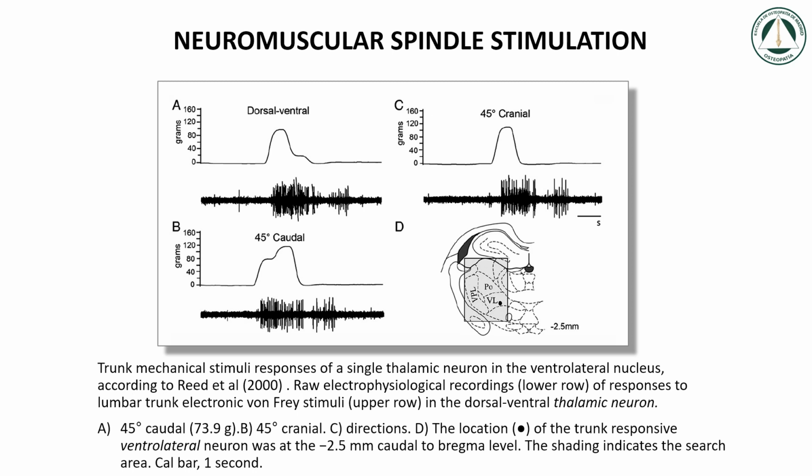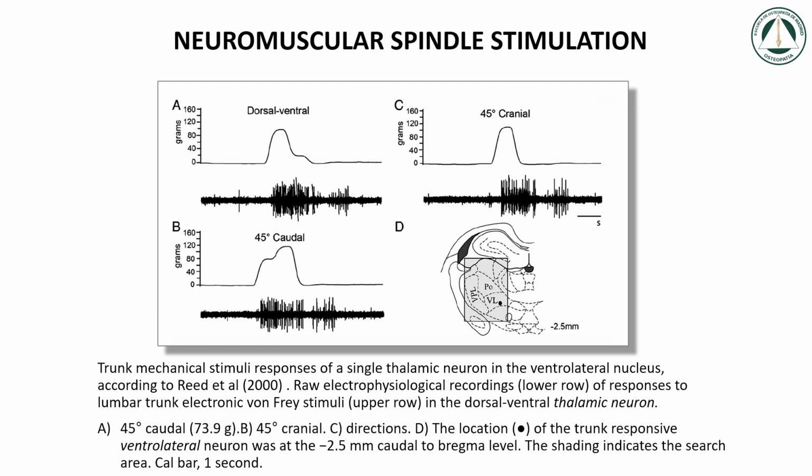This diagram shows the trunk mechanical stimuli responses of a single thalamic neuron in the ventrolateral nucleus, according to Reed et al., 2000. Raw electrophysiological recordings, lower row, of responses to lumbar trunk electronic von Frey stimuli, upper row, in the dorsal ventral thalamic neuron.